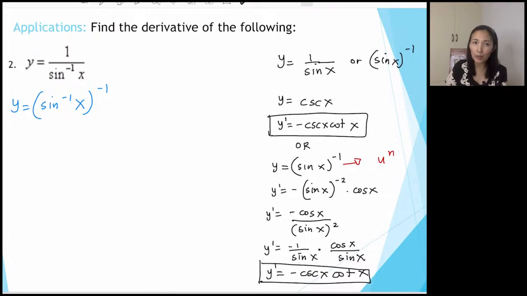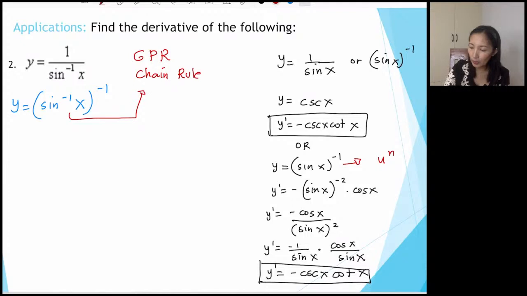So we have to apply the GPR and the chain rule, because this could be expressed as u raised to n.